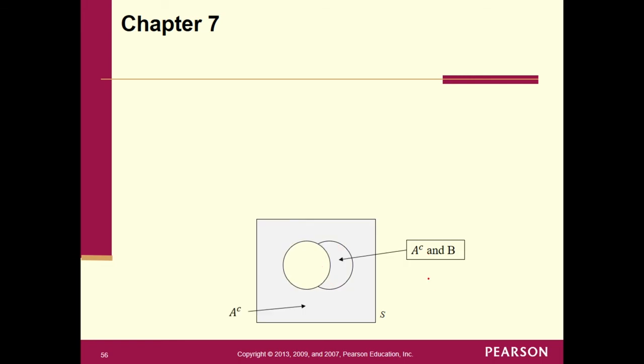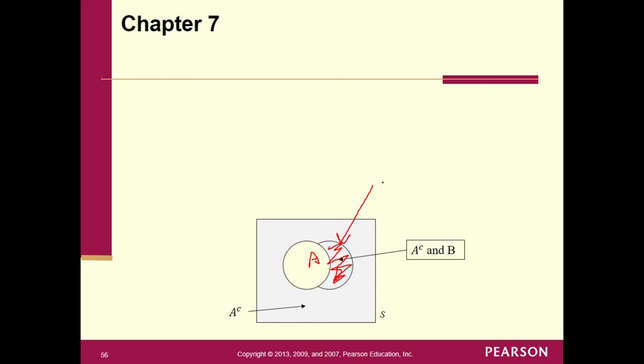Believe it or not, that is the intersection of the complement of A and B. So remember, here's A, and everything outside of A is the complement of A. And so this part right in here, what would that be? That would be the intersection of the complement of A and B.